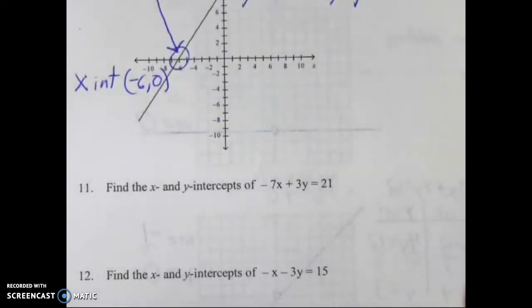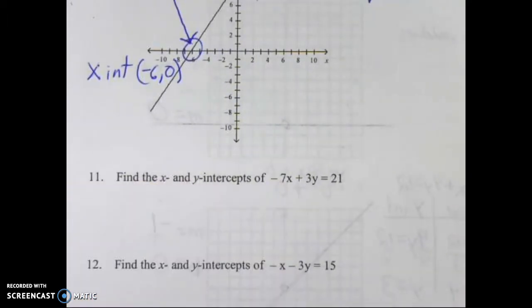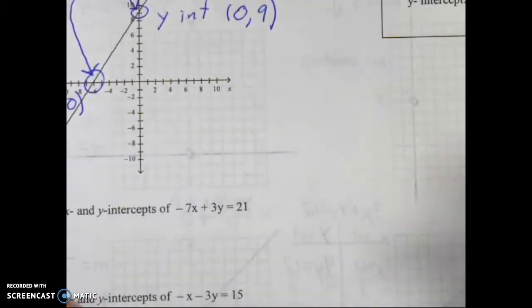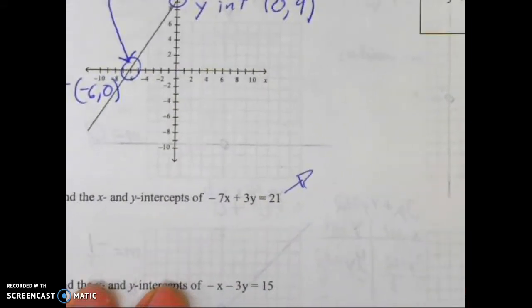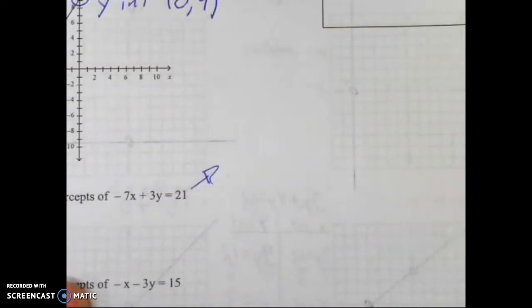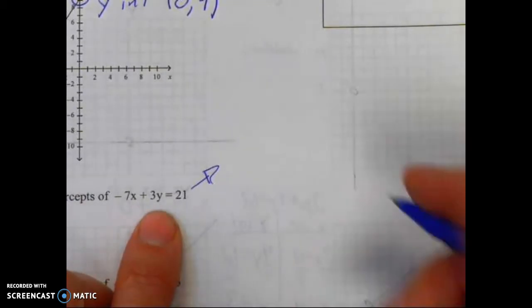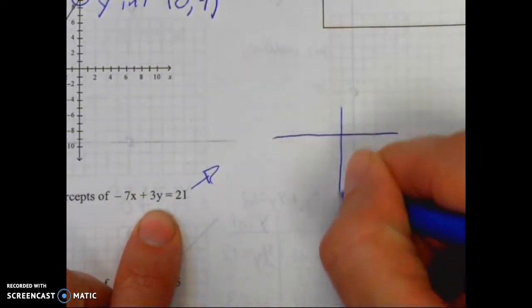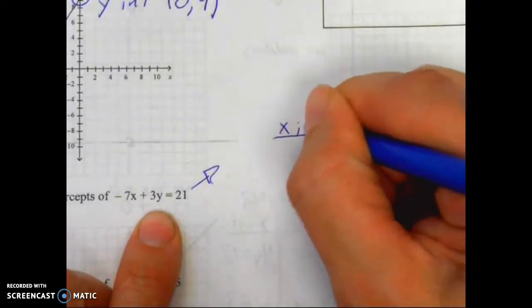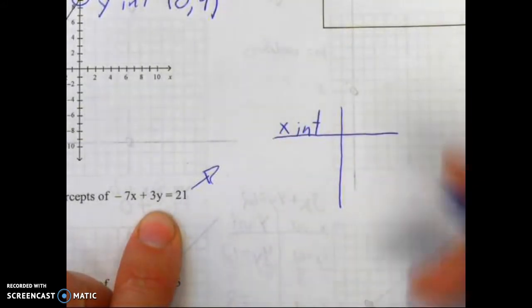And number 11, though, this is an equation, and they ask us to find the intercepts. Now, this is where I'm going to do a little bit of a setup off to the side, right? So I'm going to move this over, and I'm going to make my little table, and this is why I put x-intercept, y-intercept.